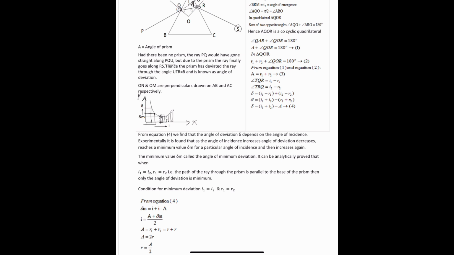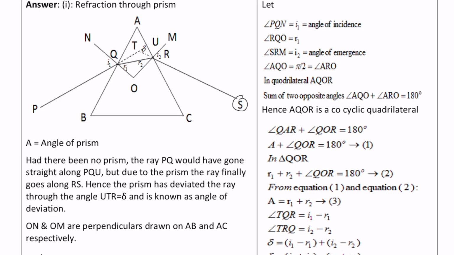So first of all, let's remove this thing to understand this calculation. PQN, I1, is the angle of incidence, okay? And I2 is the angle of emergence. AQO is 90 degrees, a normal drawn to the incident surface.